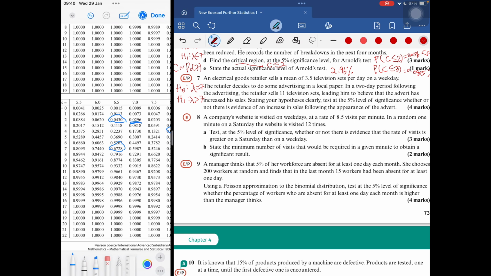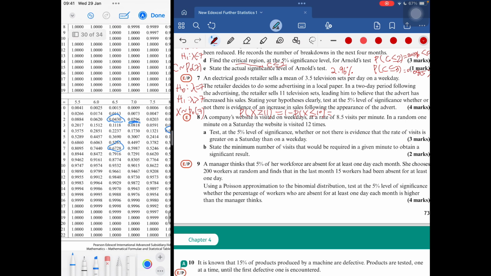So now, X follows Poisson 7, and we have 11 television sets. So the probability X is larger than or equal to 11 is 1 minus the probability X is smaller than or equal to 10.